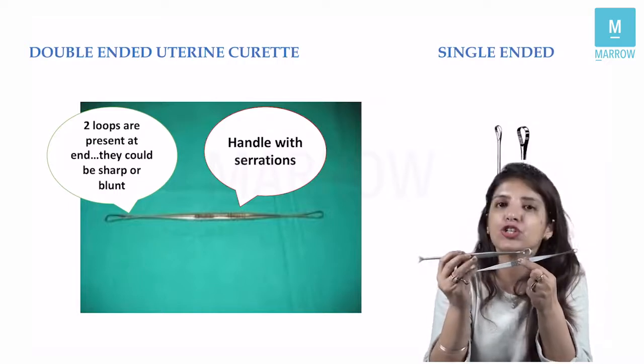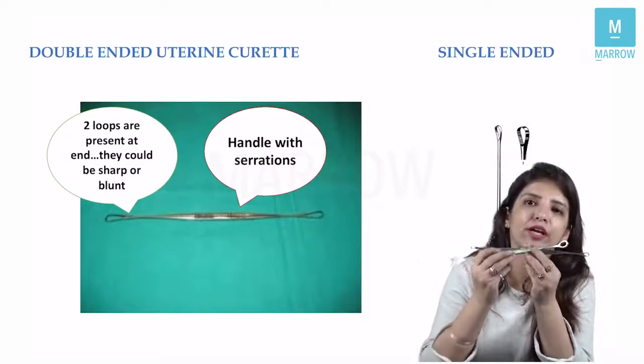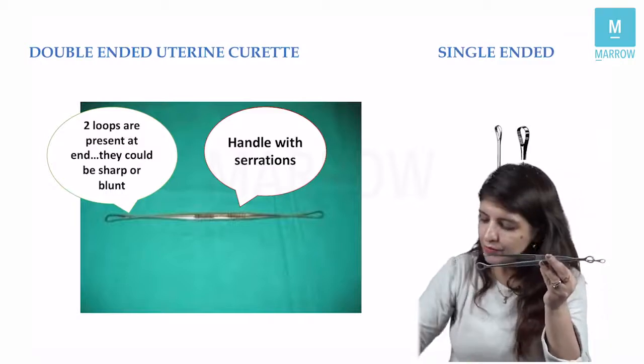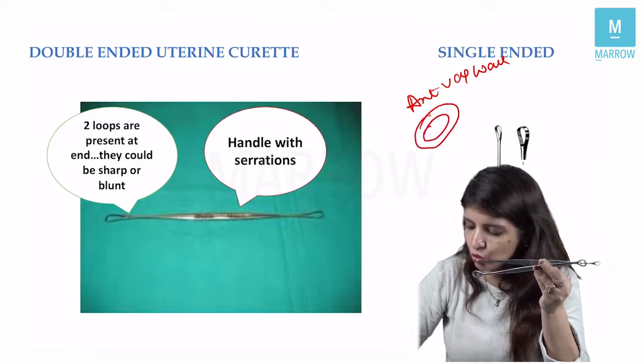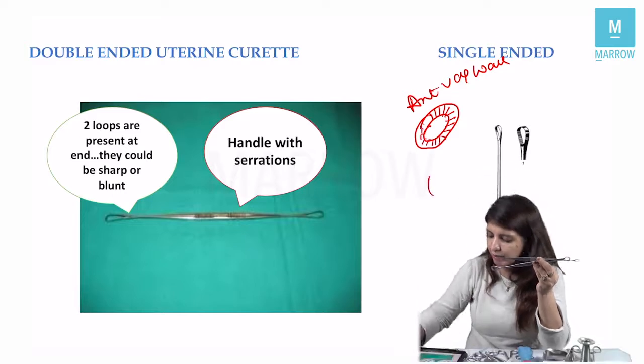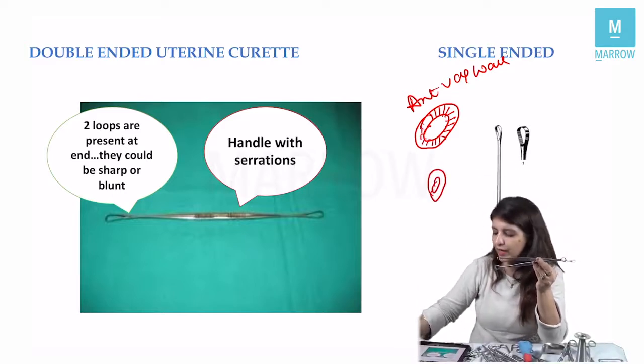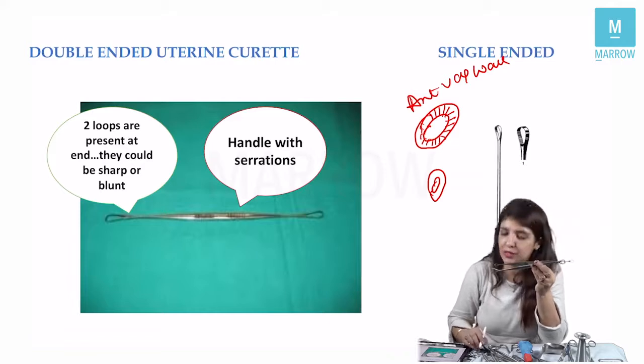The second and the major point is that in the anterior vaginal wall retractor, although there are loops at the end, these loops have serrations. But in a curette, there are no serrations present.